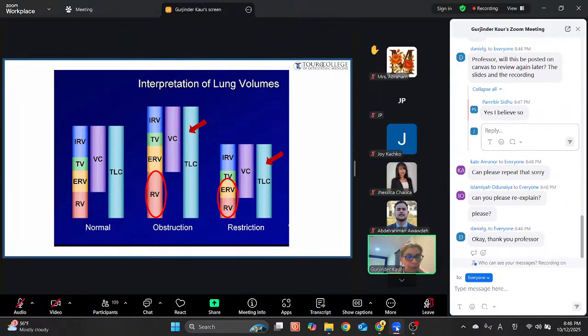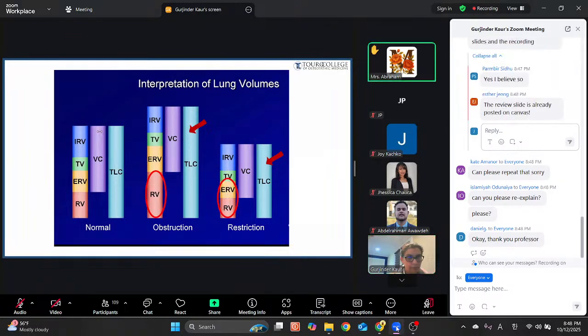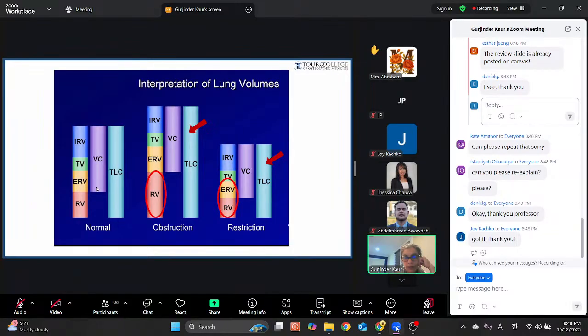Yes, Abraham, please. My only question is, for obstructive lung conditions, will they have a smaller vital capacity since their residual volume has increased? Yeah, if you compare here, you can very well see the vital capacity will be changing depending upon how bad the COPD condition is.